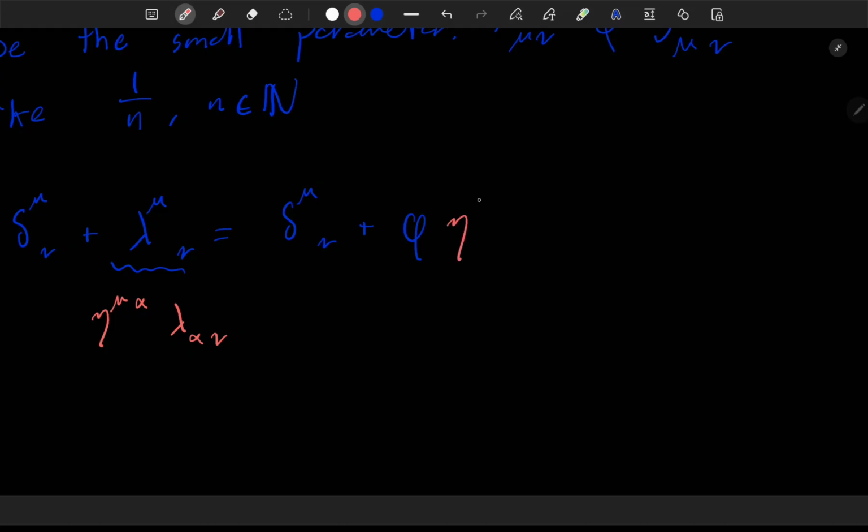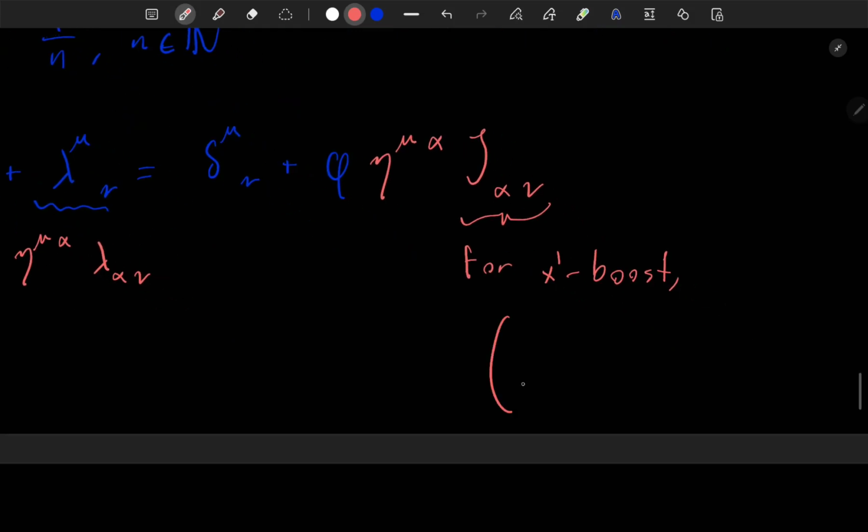We're going to have our metric and times that guy. Now this guy for x1 boost, we found it will look like 1, -1.